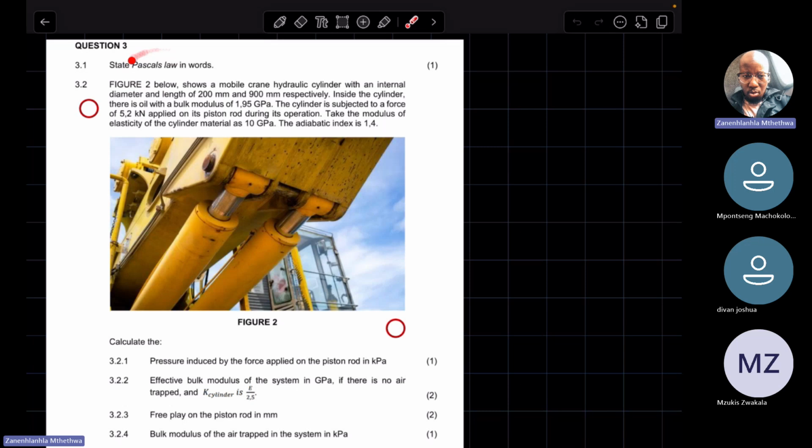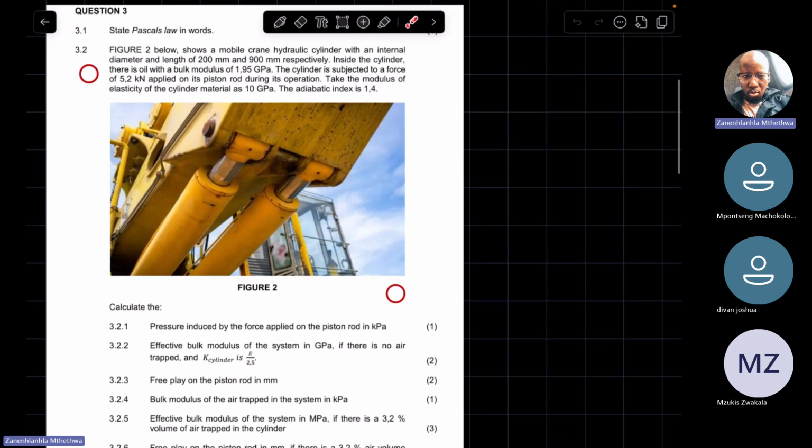So the pressure exerted by a fluid in a closed container will be equal in all directions. Simply put, that is what Pascal's law is. I said I wouldn't do this, but I've already done it. I've just given you Pascal's law in words.